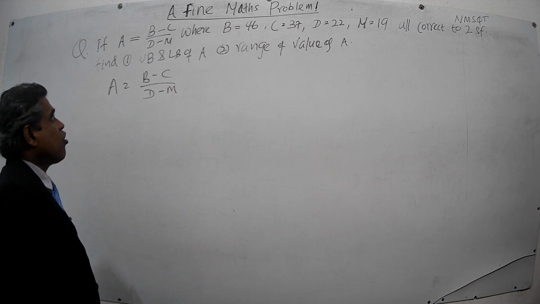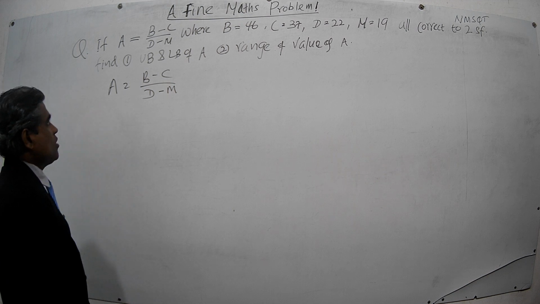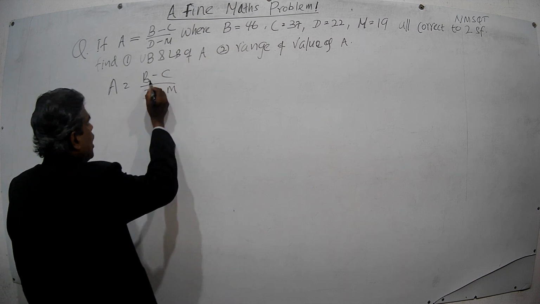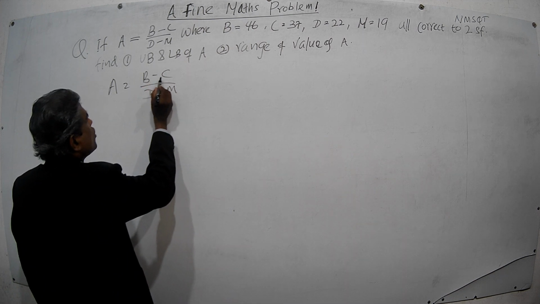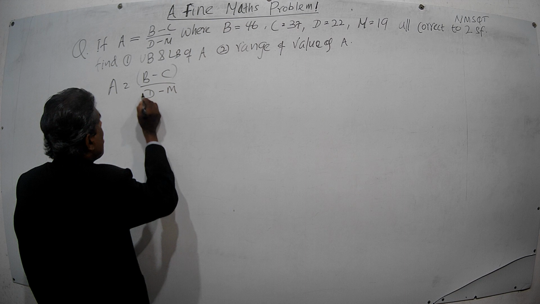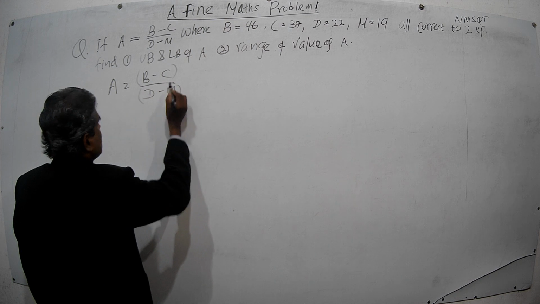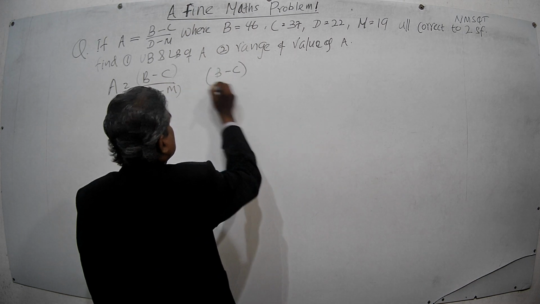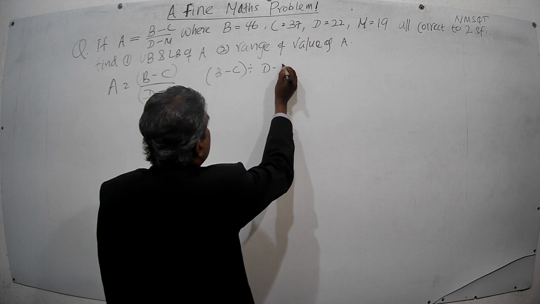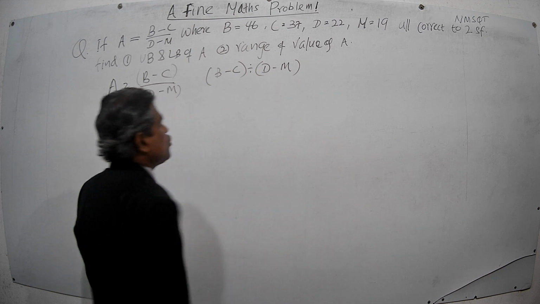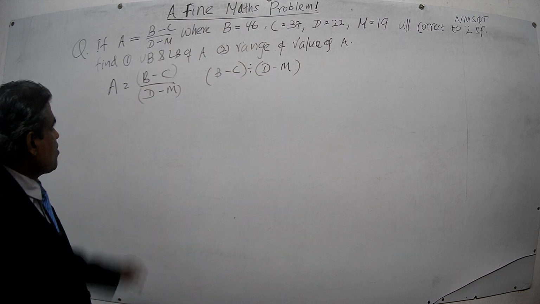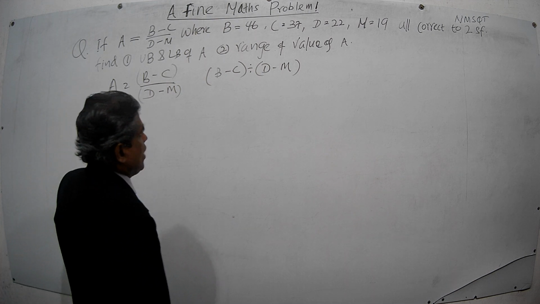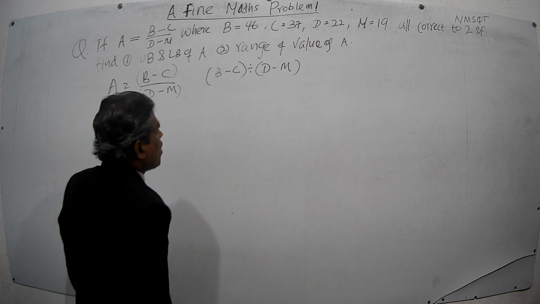Now we are going to find the upper bound and lower bound of A. This is a caution, because this equation means divide the whole of B minus C by the whole of D minus M. Without using the division sign, we can write it in fractional form: B minus C over D minus M. This is another way of writing the same thing.